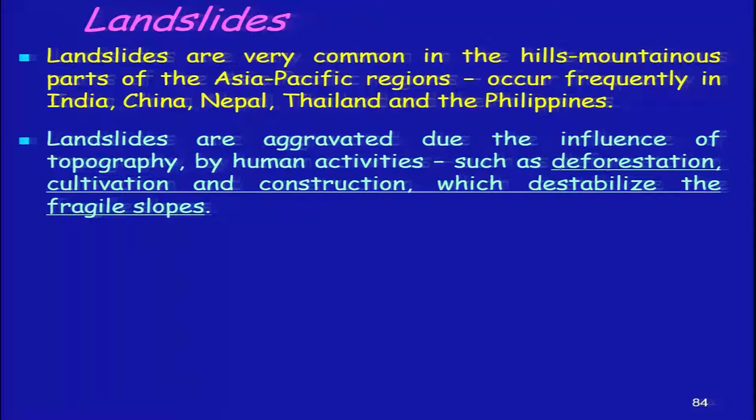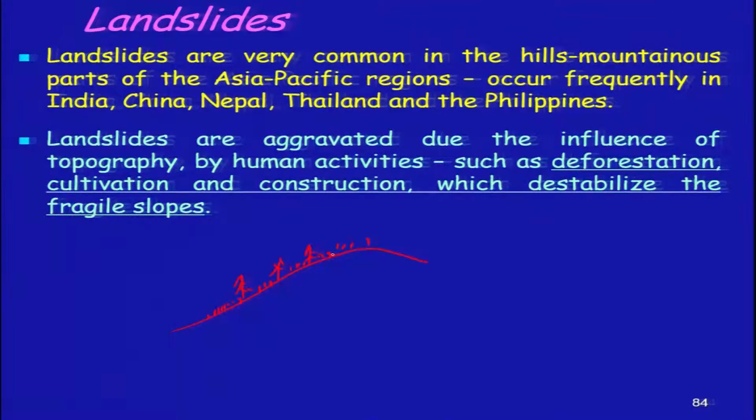We keep on talking about deforestation. We also learn this at the school level, that deforestation is not good, but definitely if you keep exposing the slope. So if you have a slope full of trees and vegetation, then definitely this will help in holding the soil over the slope.